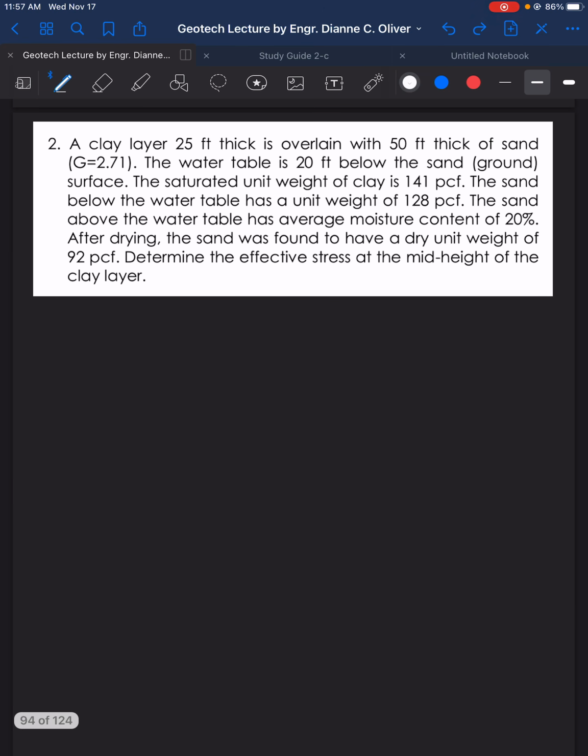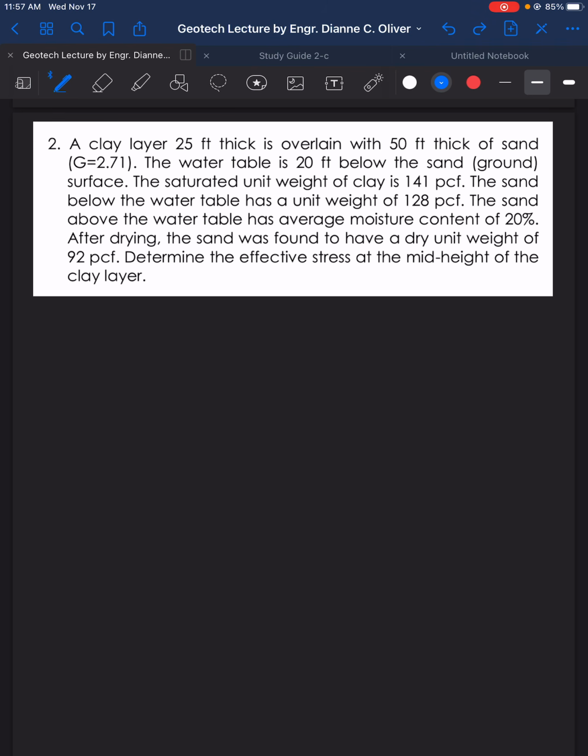Next, number 2. A clay layer 25 feet thick is overlain with 50 feet thick of sand. Now we have 2 different soil layers here, and there is the word overlaying. So which one is above and which one is below?